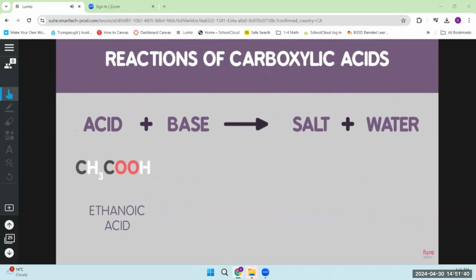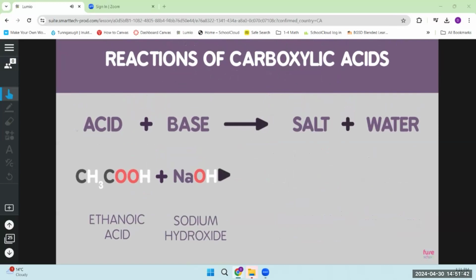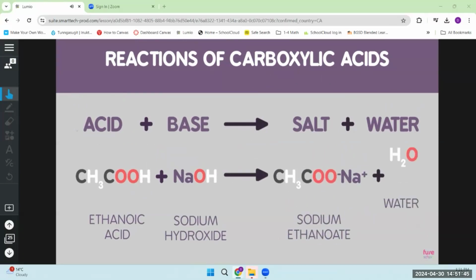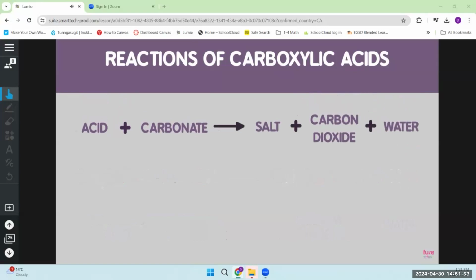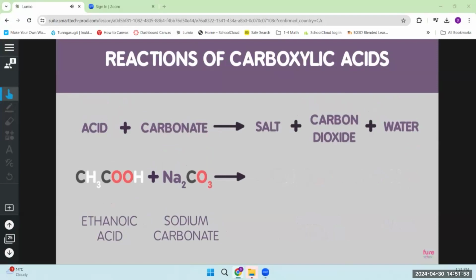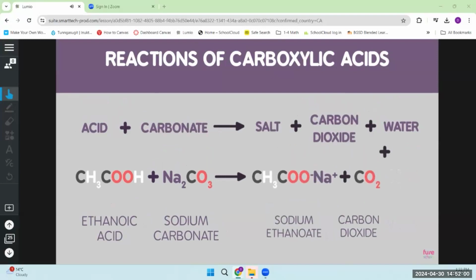For example, ethanoic acid and sodium hydroxide become sodium ethanoate and water. And 3, acid plus carbonate goes to salt plus carbon dioxide plus water. For example, ethanoic acid and sodium carbonate to sodium ethanoate, carbon dioxide and water.